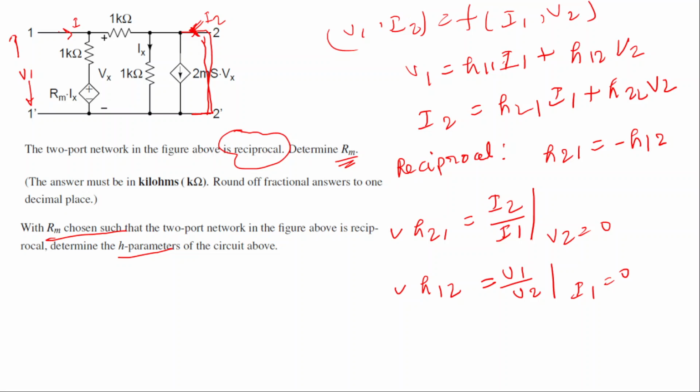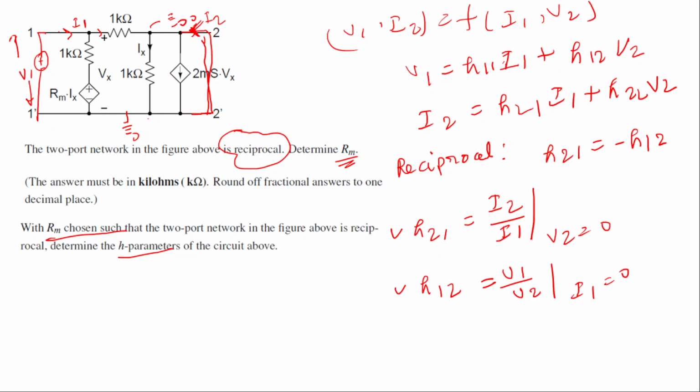Now this network will become like this. This voltage source, plus and minus, is driving this network, and this is V1, and this current is I1. Since 2 and 2 dash are short circuited, suppose this is at the ground voltage, so this terminal will also be at zero potential.